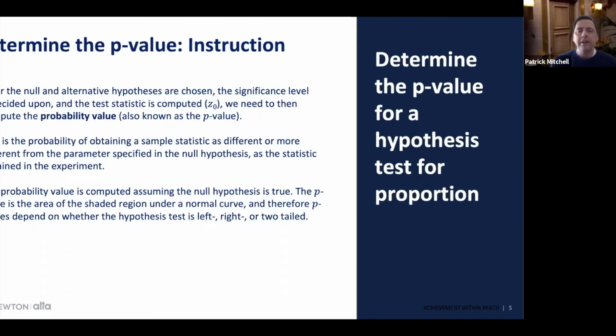The probability value is computed assuming the null hypothesis is true. The p-value is the area of the shaded region under a normal curve, and therefore p-values depend on whether the hypothesis test is left-tailed, right-tailed, or two-tailed.